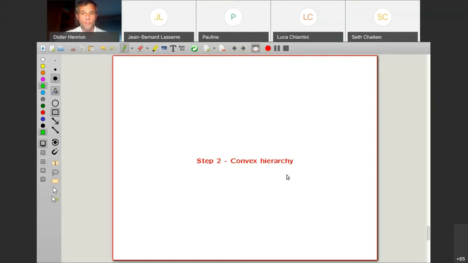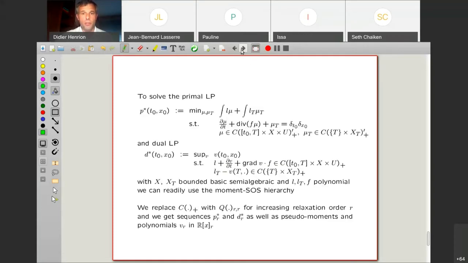The construction of the hierarchy of convex relaxations. Actually, there is nothing new here. All the data are polynomial, L, L_T, f, and X, U, X_T are basic semi-algebraic, bounded. So everything is under control.